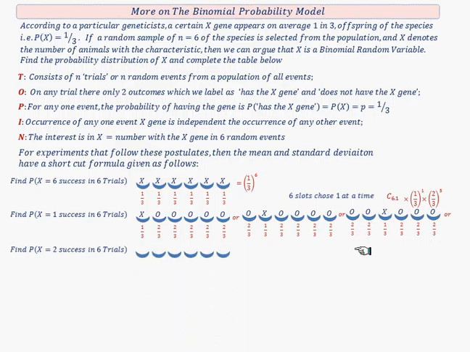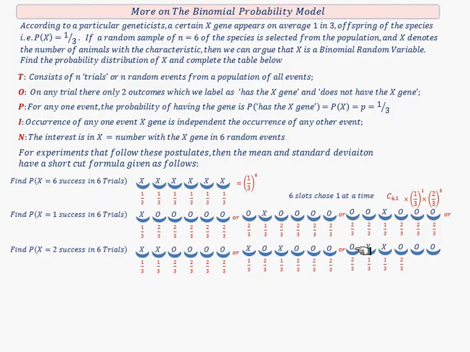For two successes in 6 trials, note we got 2 X's. See them coming on the screen here. The probability of each one is one third squared times two thirds to the 4th. That's coming up here. 6 slots, choose 2 at a time. Combination 6 choose 2 times a third squared, two thirds to the 4th.